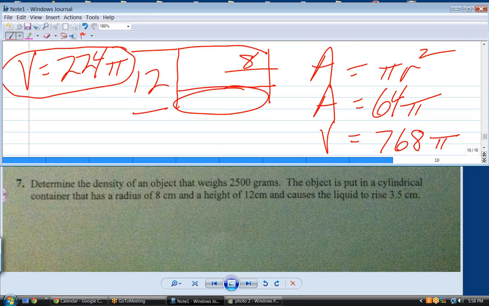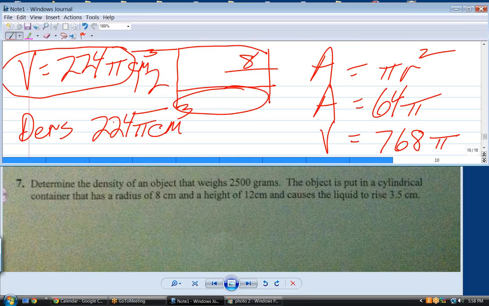Well, that's in cubic centimeters, and the object weighs 2,500 grams. So if we want density, we're going to take our 224 pi centimeters cubed. Whoops.